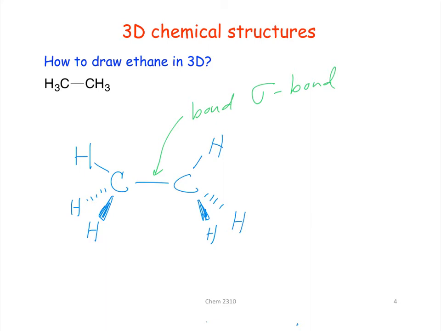Because they're cylindrical, we can rotate around this bond. We could take one of these methyl groups and spin it relative to the other, kind of like spinning a propeller. This is going to give us several different structures depending upon the orientation of one end versus the other.